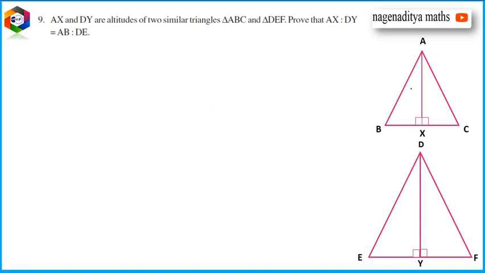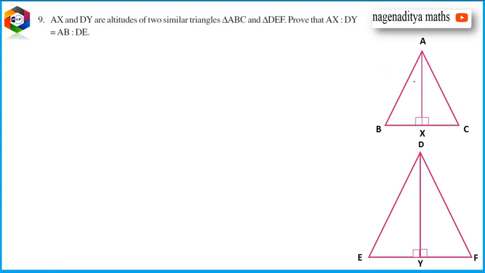If we observe, these are the altitudes. That means angle AXB is equal to angle AXC is equal to 90 degrees, and here angle DYE is equal to angle DYF is equal to 90 degrees, because AX makes a 90 degrees angle with the base BC, and DY is an altitude which makes a 90 degrees angle with EF.